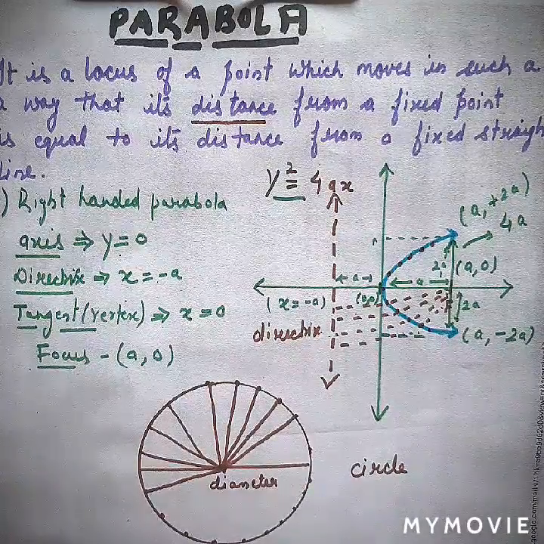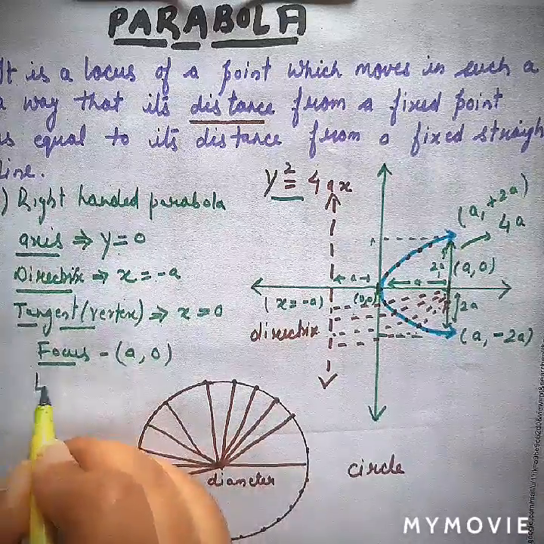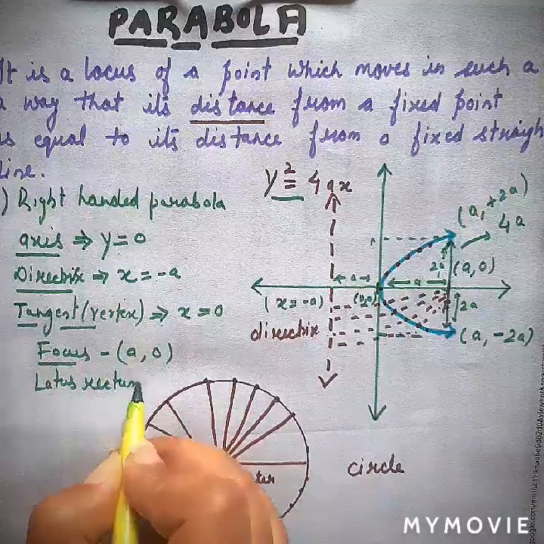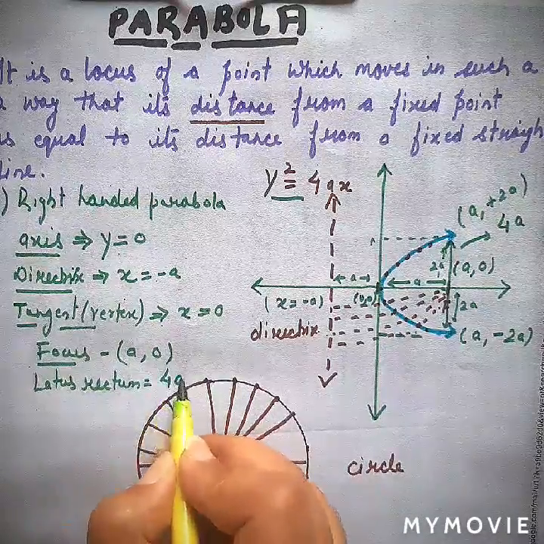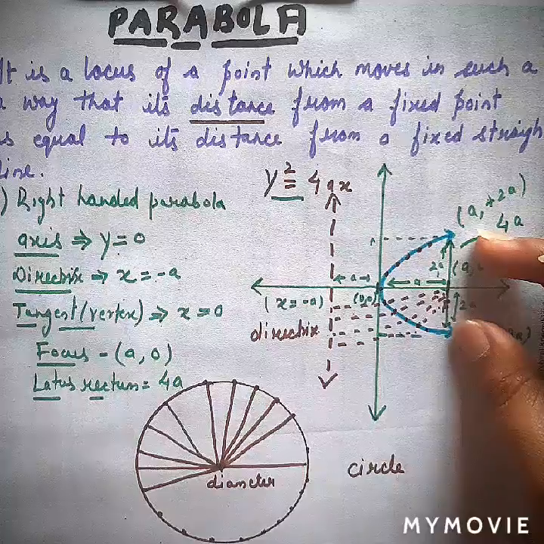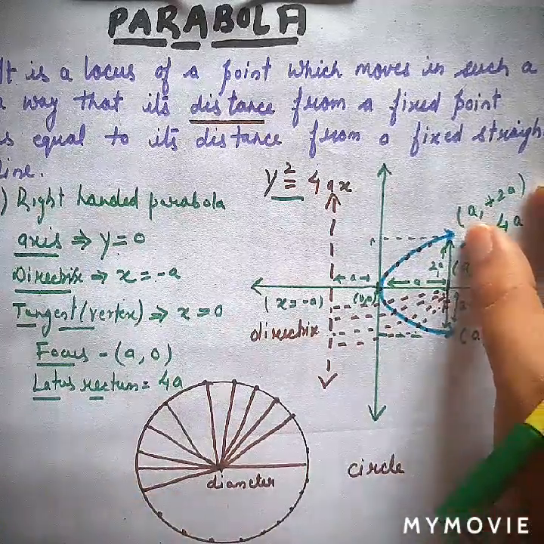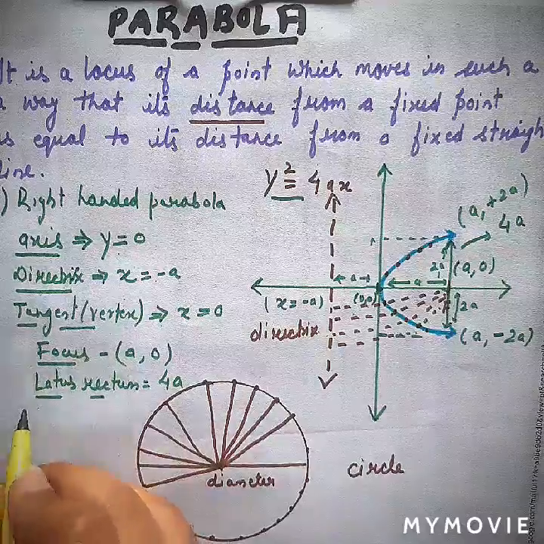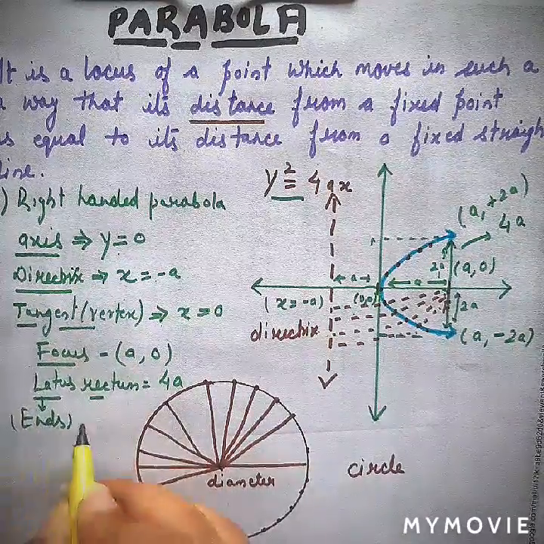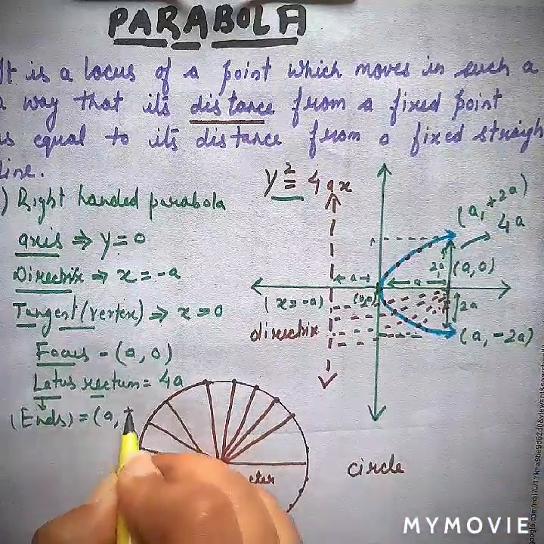We were doing the equation of a latus rectum. Before that, the total length of the latus rectum is equal to 4a. And I have already mentioned the ends of the latus rectum: the ends of a latus rectum will be equal to a, plus minus 2a.